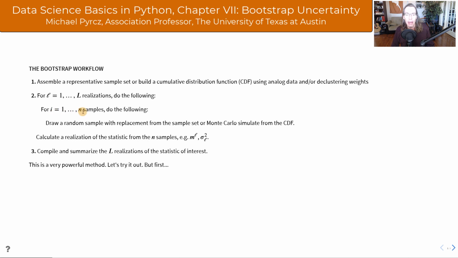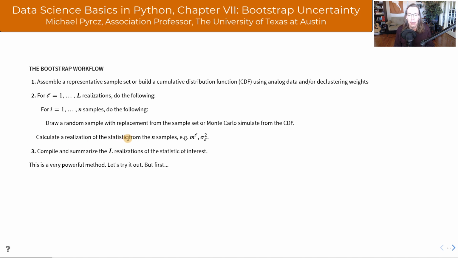We'll do n samples with replacement from the sample set, or we could do Monte Carlo simulation from the CDF. Effectively the same thing. After we've done n samples, that gives us a new realization of the data set.